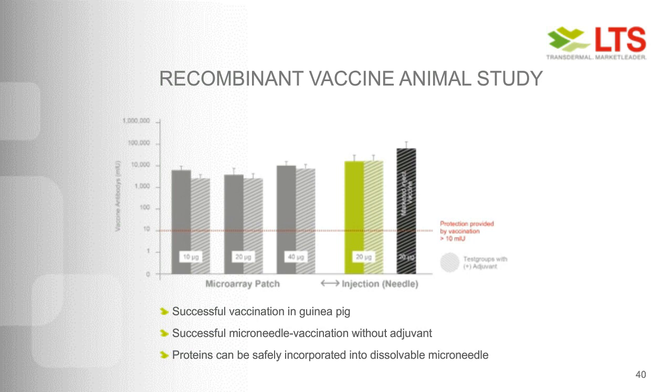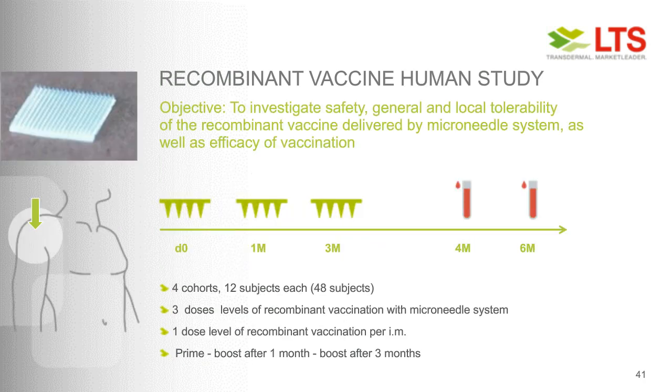So we counted this as a very big success and went on directly into the human study with basically the same product. We applied it at the shoulder, applied a prime boost sequence, and took samples for antibody count. I can't completely disclose all the data, but I summarized them.